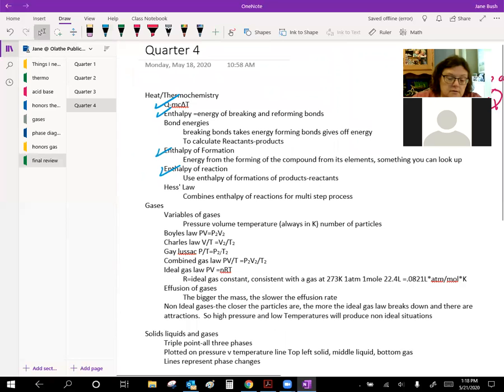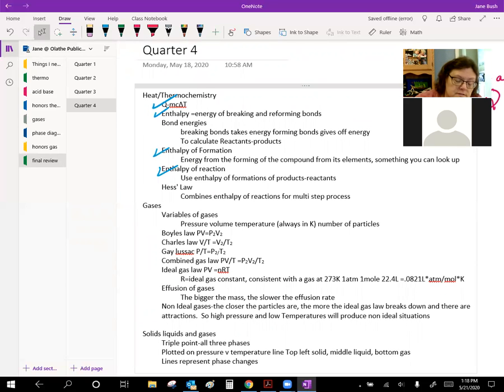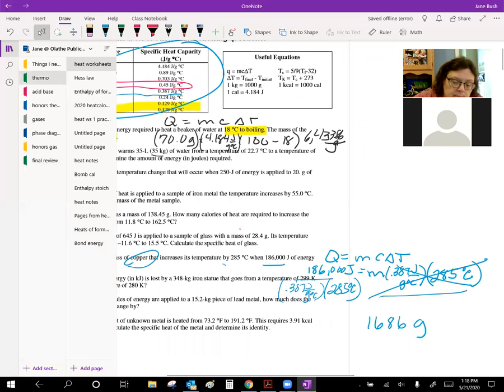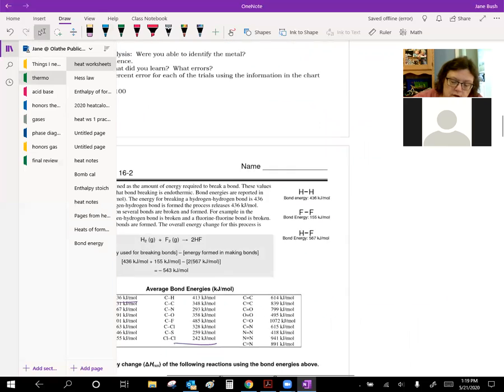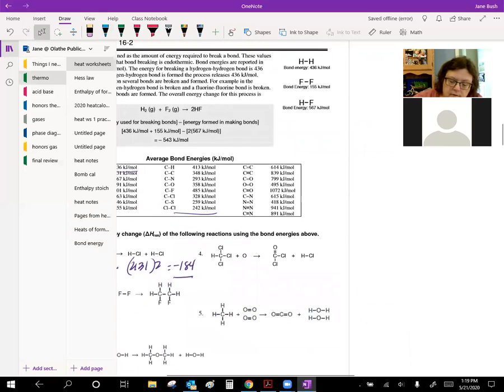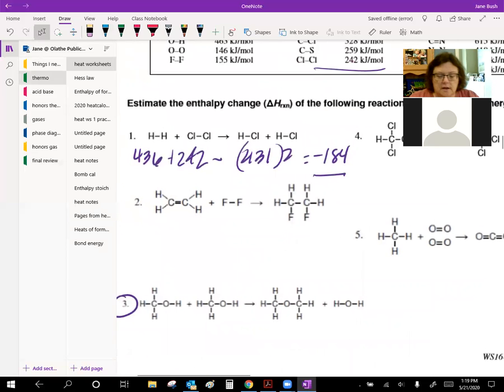But for bond energy, if you're talking about bonds themselves, what we're talking about is if we have this guy right here, number 2. Every time we break a bond, we have to put energy into it. It's like breaking Legos apart, okay?